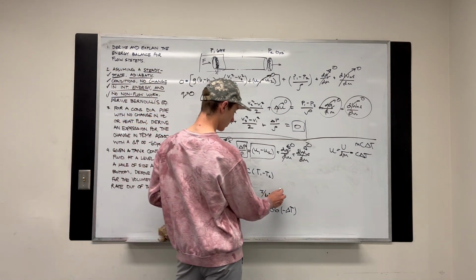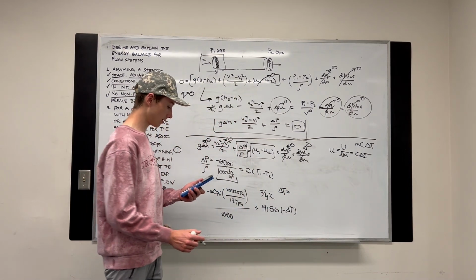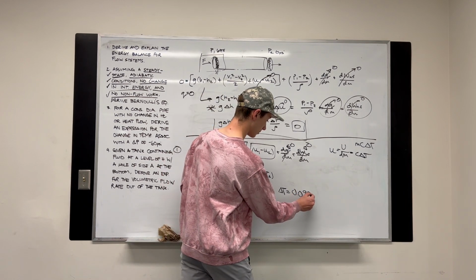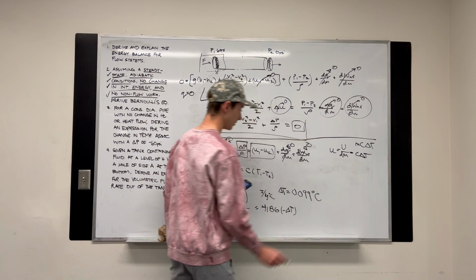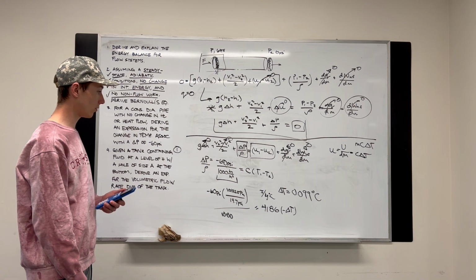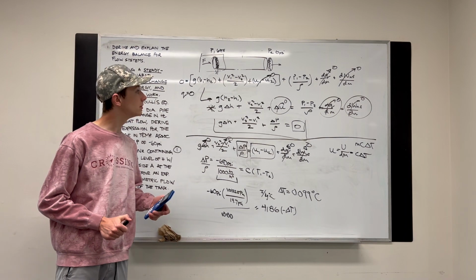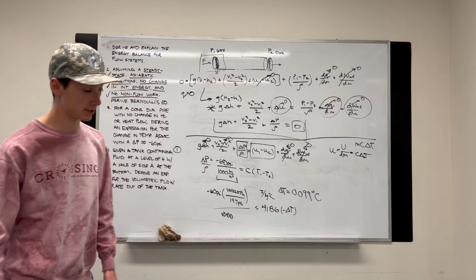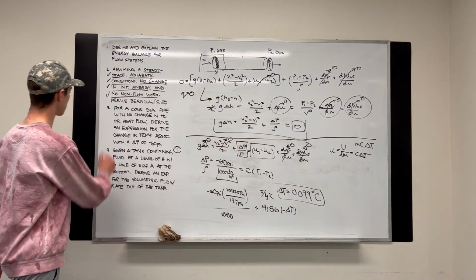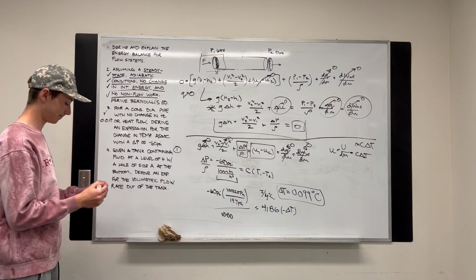I get a change in temperature of 0.099 degrees C. Okay, so the temperature changes about 0.01 degrees from one end of the pipe to the other. It's interesting, right? Okay, so that's one application of Bernoulli's equation. That's going to be the answer to number 3. Okay, so I think we got number 3 taken care of. Just write that down, 0.01 degrees C about.